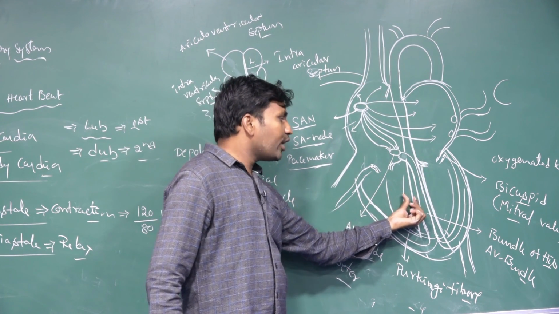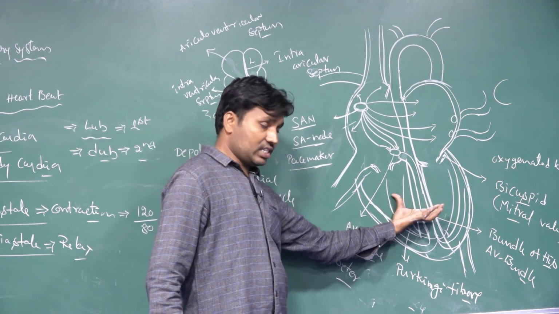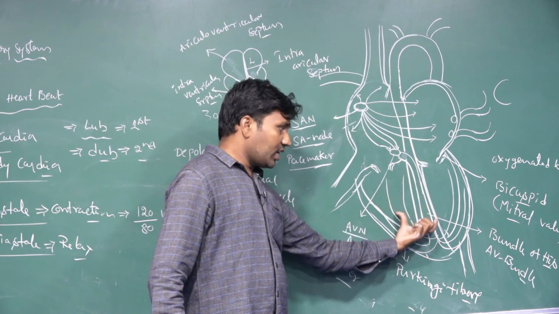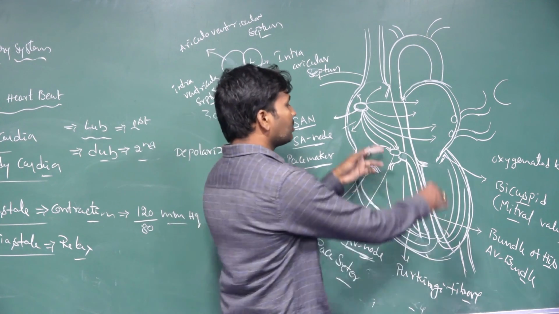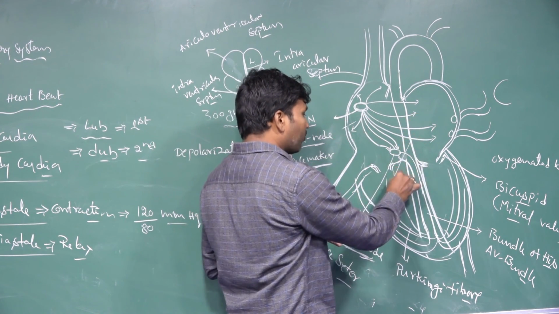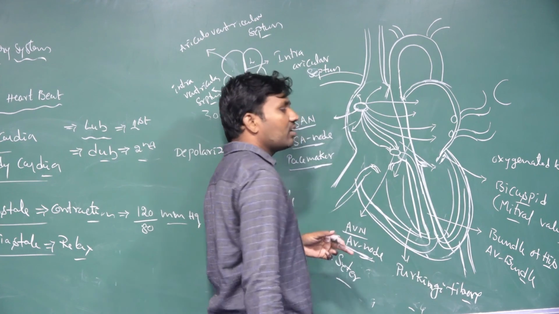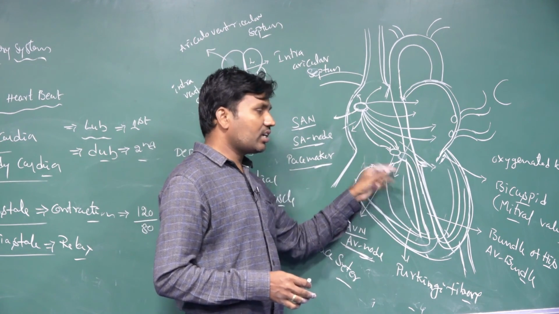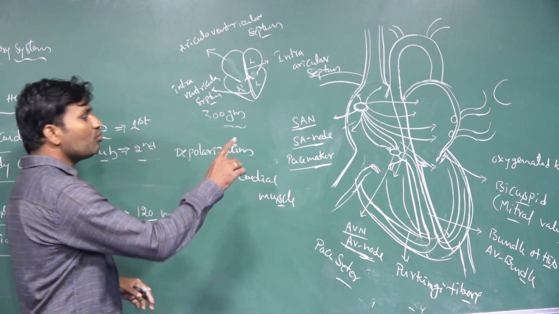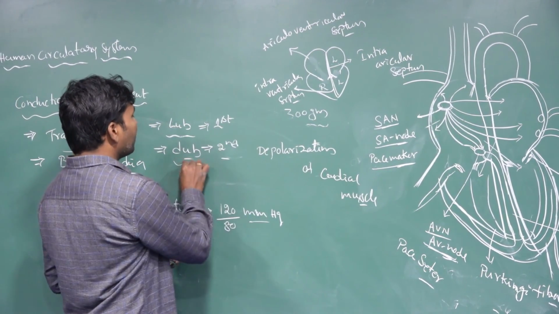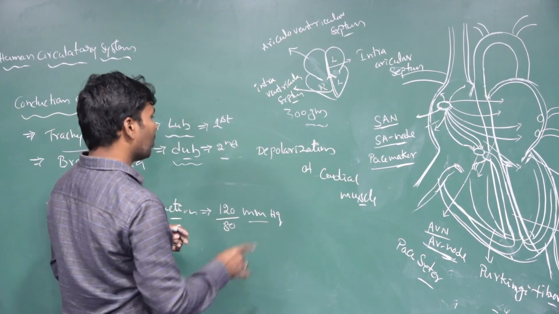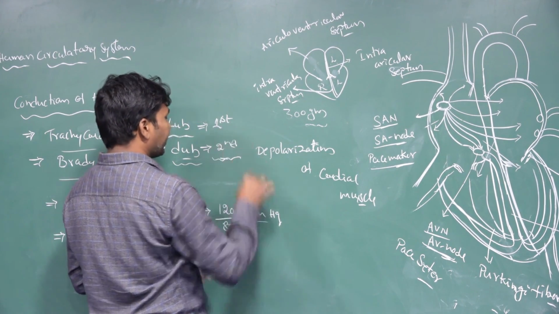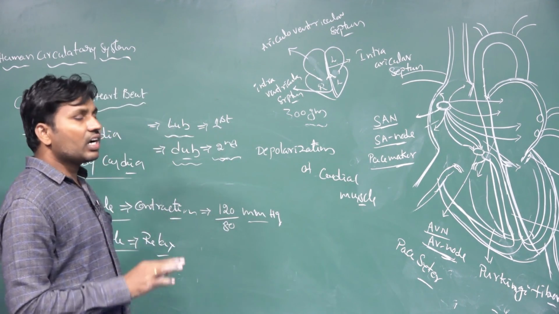Again the ventricles relax and expand. At that time the pressure decreases in the ventricular chambers, so there is a possibility of backflow of blood from the pulmonary artery and the systemic artery. To prevent this backflow, the semilunar valves we already discussed, the pulmonary semilunar and the systemic semilunar valves, close. At that time the second sound is produced, called the dub sound.